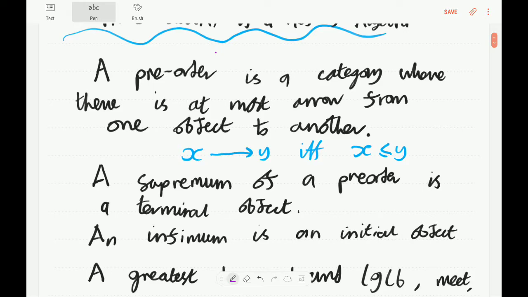So it's very cool. Firstly, a pre-order is a category where there's at most one arrow from one object to another. Okay, and when there's an arrow from X to Y, we don't have to label it because there's only one.